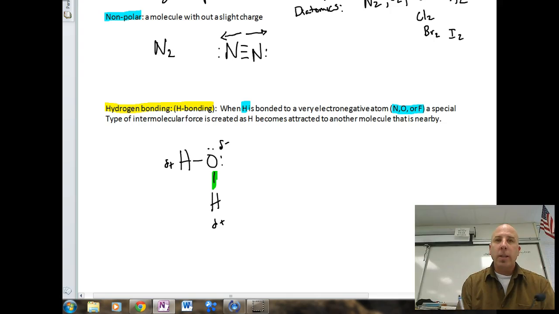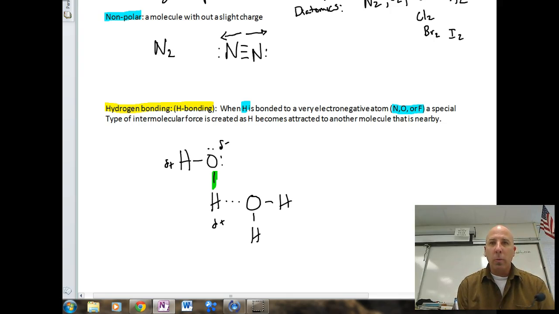Now, in this case, hydrogen is sort of deficient in electrons. It's slightly positive. So hydrogen becomes attracted, and we're going to illustrate this force of attraction just with some dots, to another water molecule, just like this. So hydrogen becomes attracted to another water molecule, and then that water molecule becomes attracted to another water molecule.